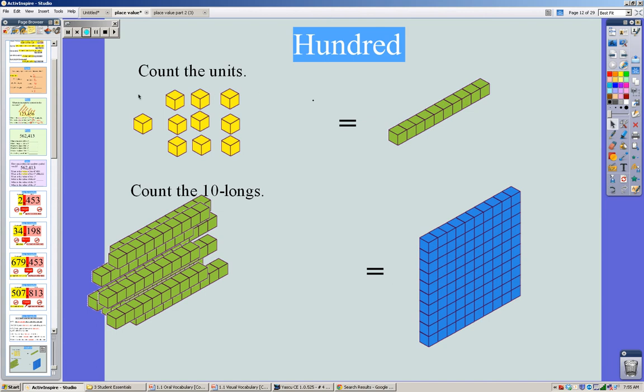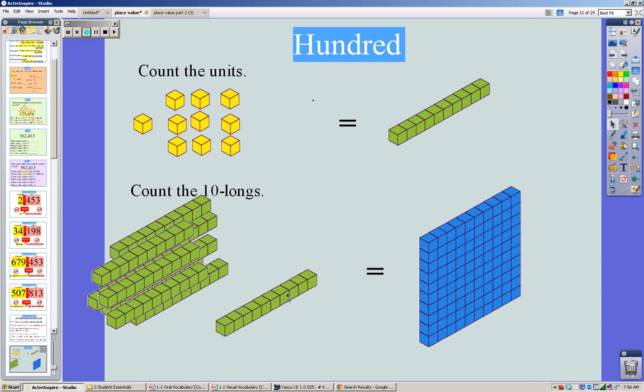So, 10 of the blocks, or we'll call them units, equals 1 of the rods, or some people call them longs, but in my class we call them rods. Does that make sense that 10 of the units equals 1 rod?